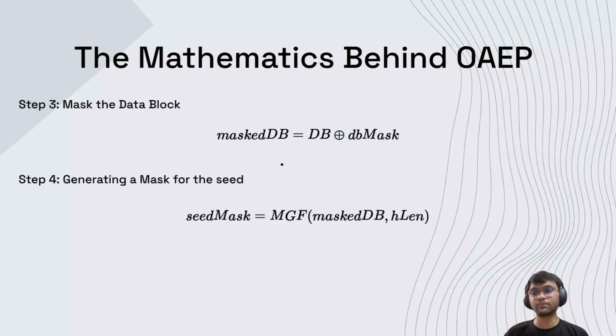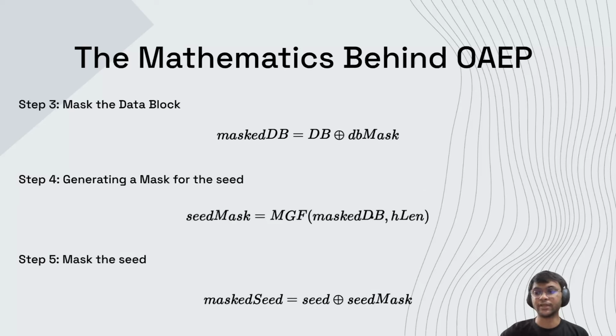Next, we'll produce a mask for the seed itself using the mask generating function, or MGF. We say, give me a mask of length hlen, taking as an input the masked DB itself. This step simply ensures that the seed is not left in the clear.